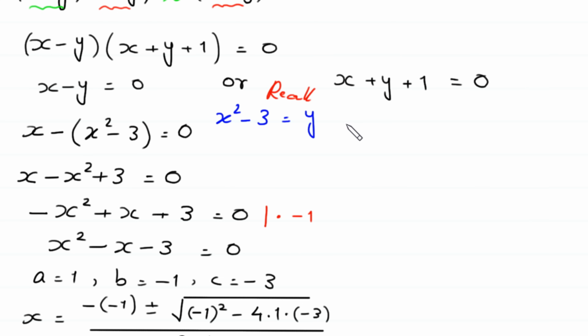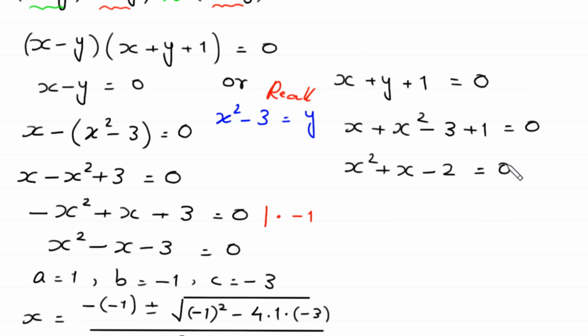We write this x first, x plus the value of y, x squared minus 3, then this plus 1 is equal to 0. Now we write this x squared first, then this plus x, and minus 3 plus 1 is minus 2, is equal to 0.